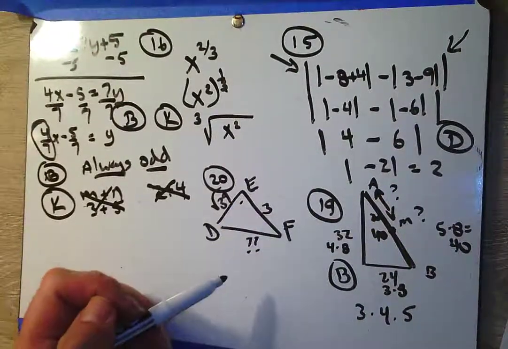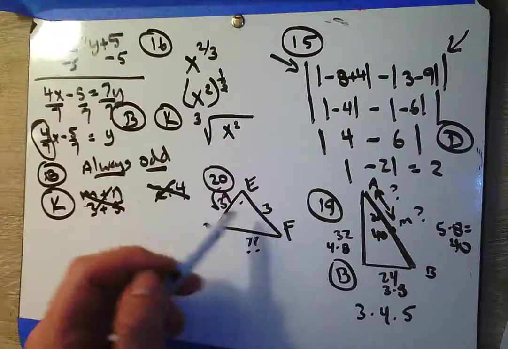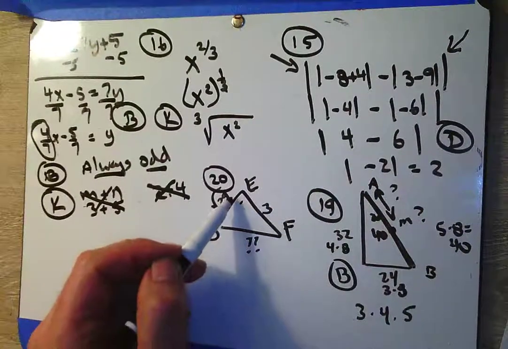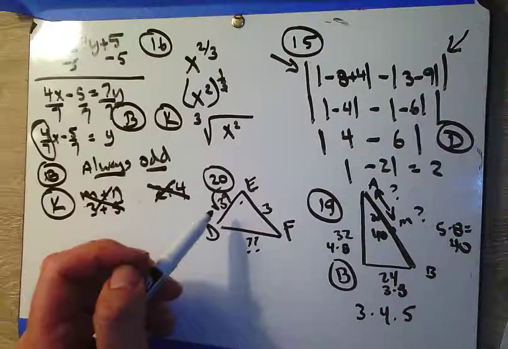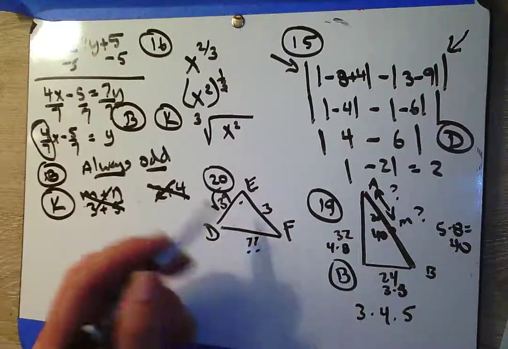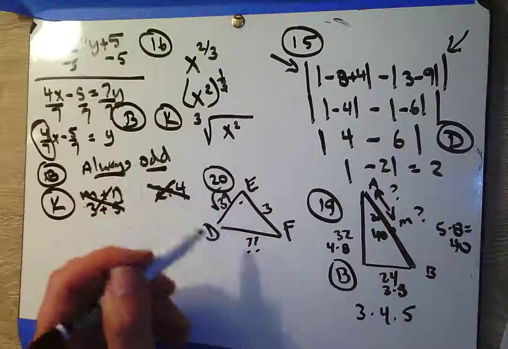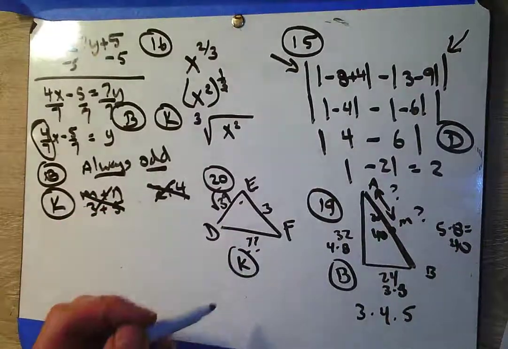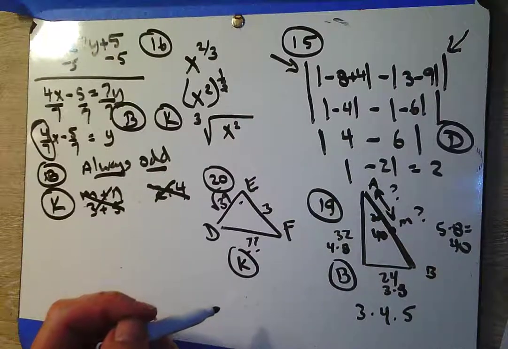Well, I don't have an angle. If I did, I could use law of cosines. If it were a right angle, I could use Pythagorean theorem. But I don't have an angle, and I'm trying to find that side, and I can't. So this is K. We can't determine based on the information they've given us.